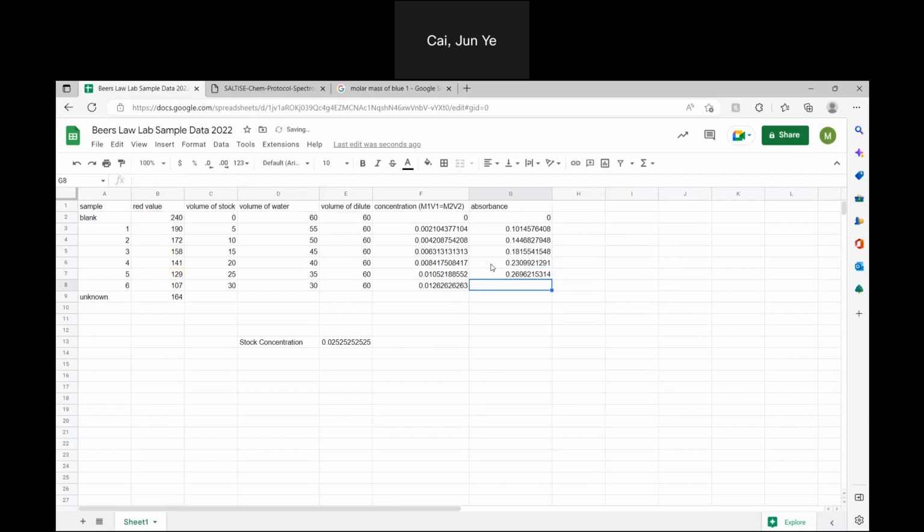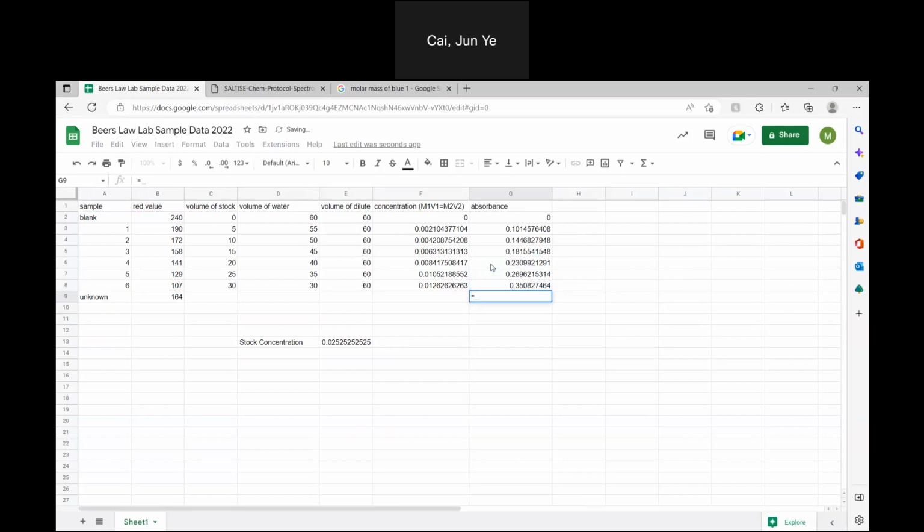And then finally negative log of the last reading divided by B2, which is our blank again.